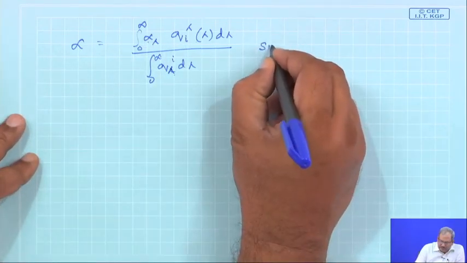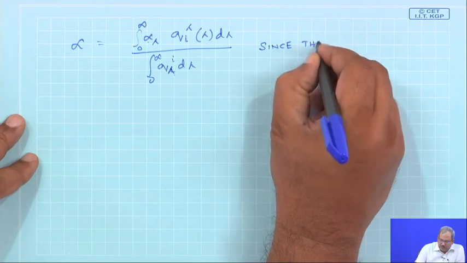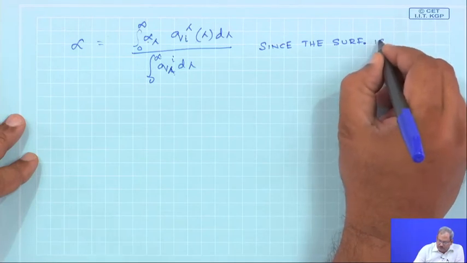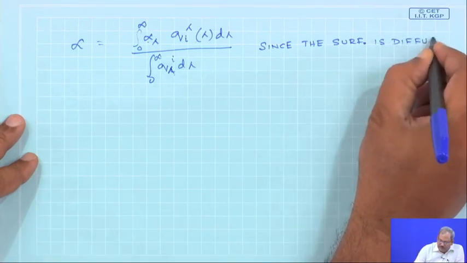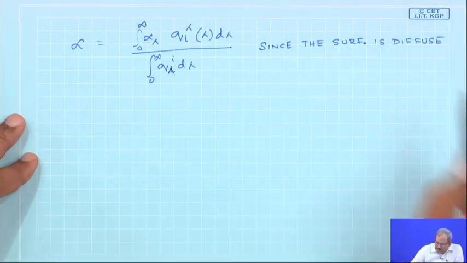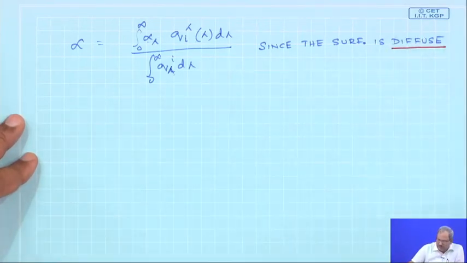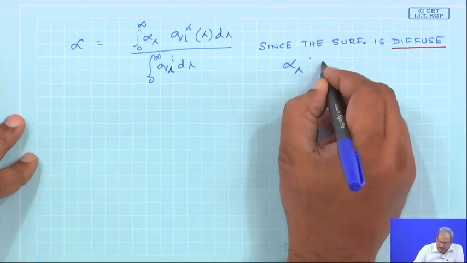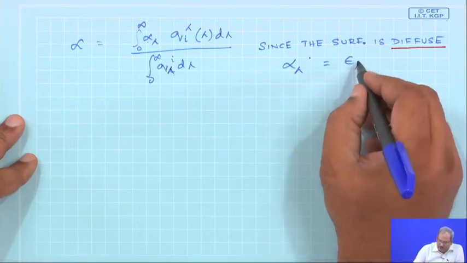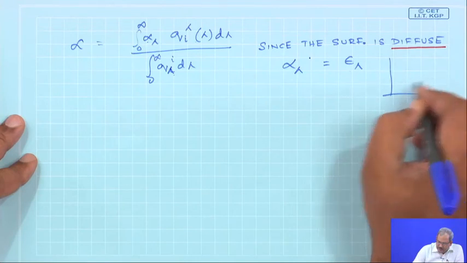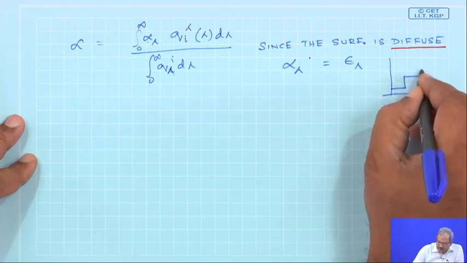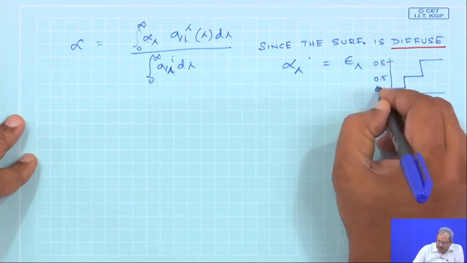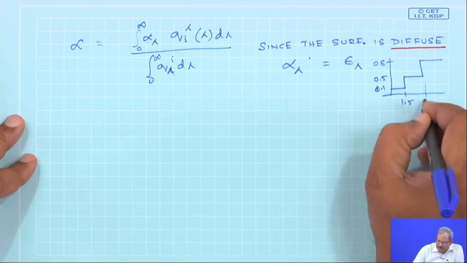Now, since the surface is diffuse, it was mentioned in the problem itself, and the keyword is diffuse. If it is diffuse, then alpha lambda must be equal to epsilon lambda. So, whatever figure that we had for epsilon would be the same thing for this case as well.